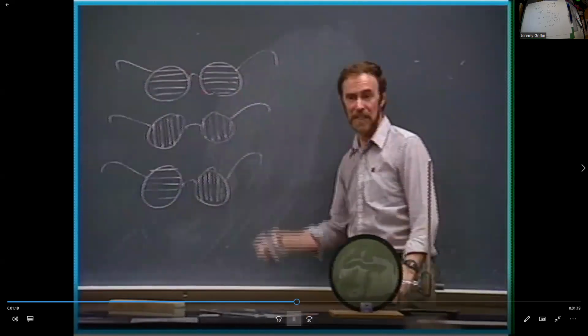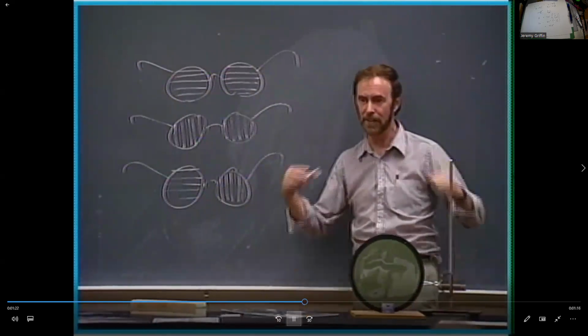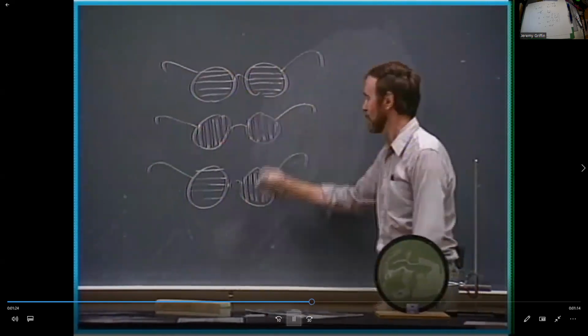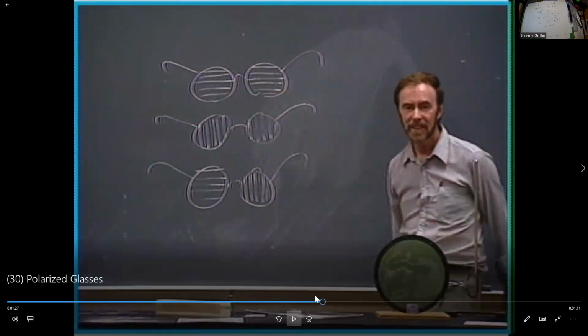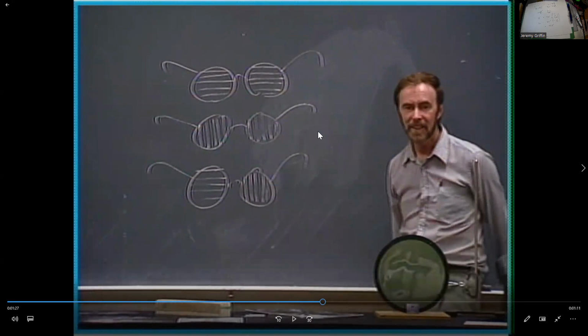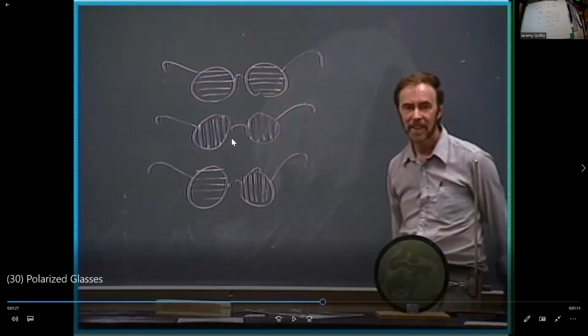These are for driving. You're a truck driver and you're gonna drive along the road. Which pair of Polaroids? How many say they're all the same? All right, I have to beat the bell on this one. So guys, if there's a bunch of horizontal light coming in, you see a horizon, don't you want to cut out all that light? So you want to use the second pair, right? Use the second pair because that will allow all the vertical light to come through. So it'll provide more clarity.